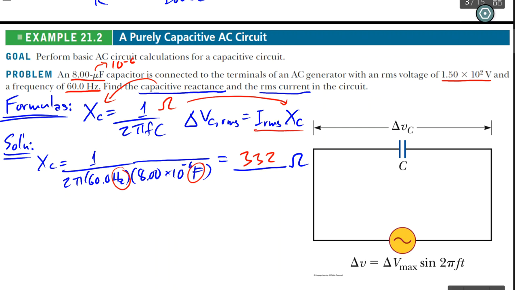So here I'm once again looking for the RMS current, so I just need to find both sides of Ohm's law for a capacitive AC circuit, and then I will get the formula that I need to find the RMS current flowing through this purely capacitive AC circuit.